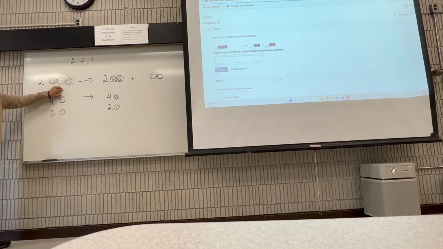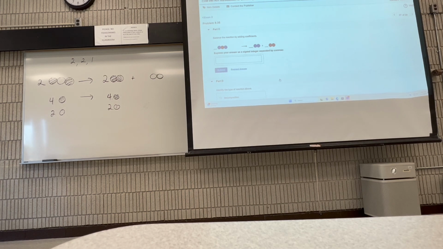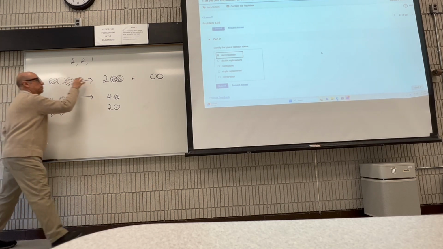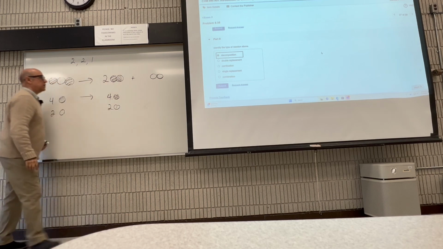I hope it's the same question on the final exam if it shows up, but if it's different, just please take your time to analyze it and make sure that logically you can explain the way you balanced it. So let me put the numbers here. And I'm going to call it a decomposition because you're getting 1 molecule becoming 2 molecules.